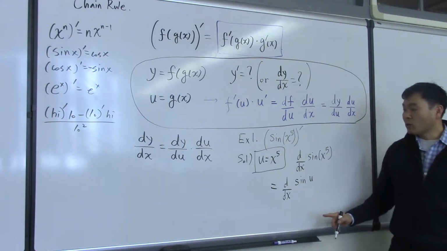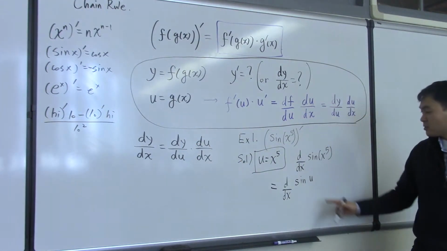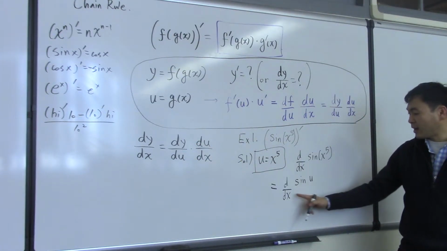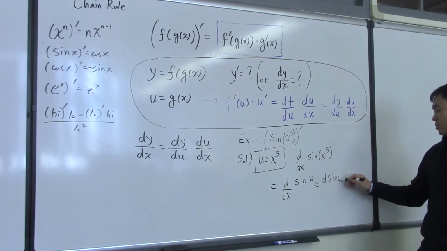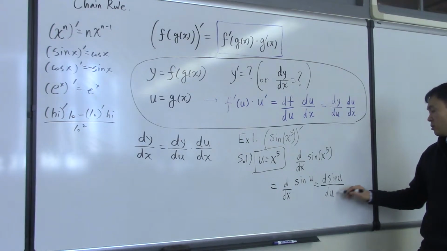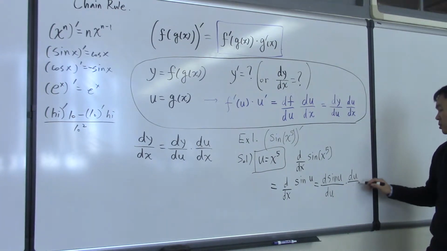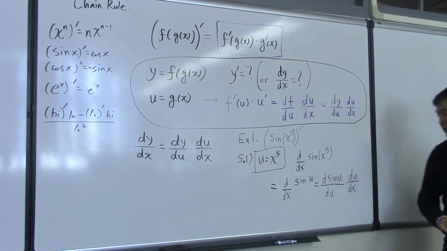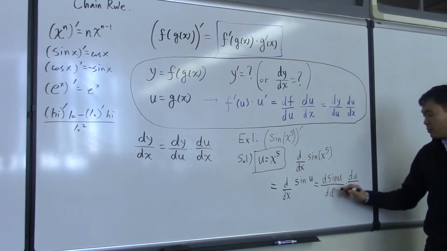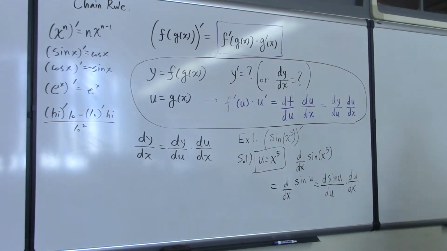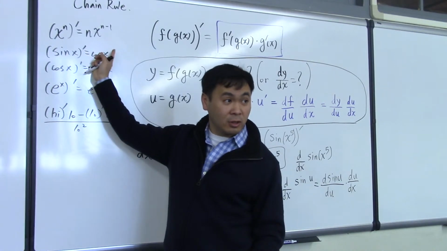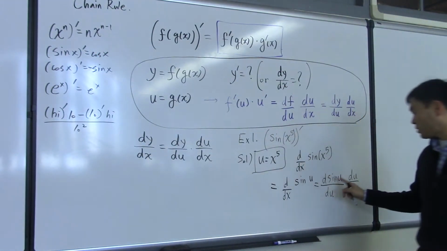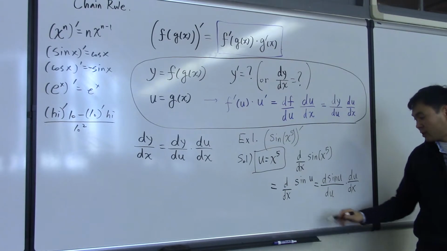Okay. Now, what does the chain rule say? Instead of trying to differentiate this function by x, write it as d sine u over du times du over dx. Okay? Now, what's sine u differentiated by u? Now, sine of x differentiated by x is cosine x. So if you differentiate sine u by u, what do you get?